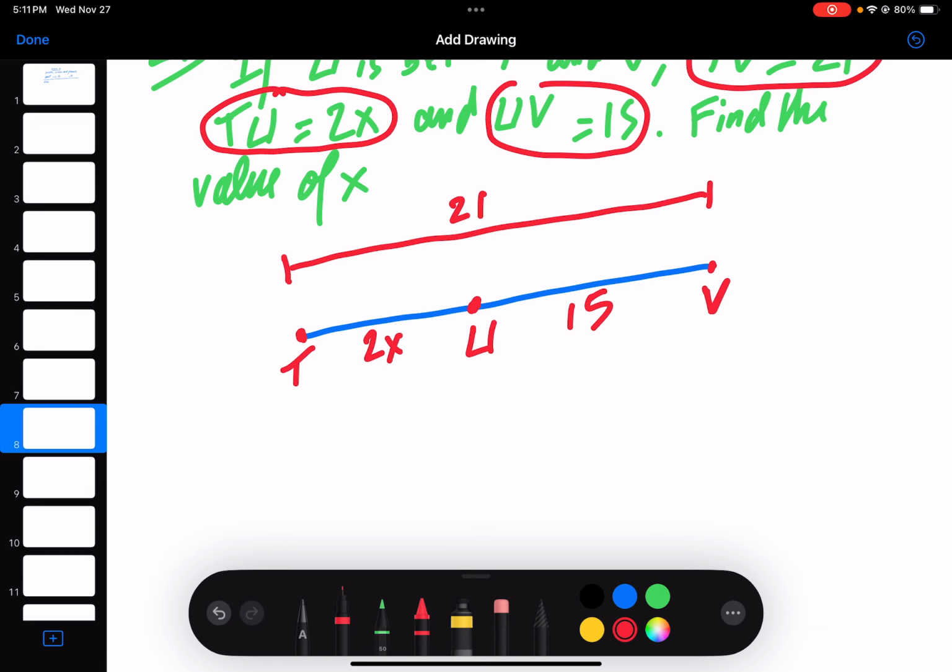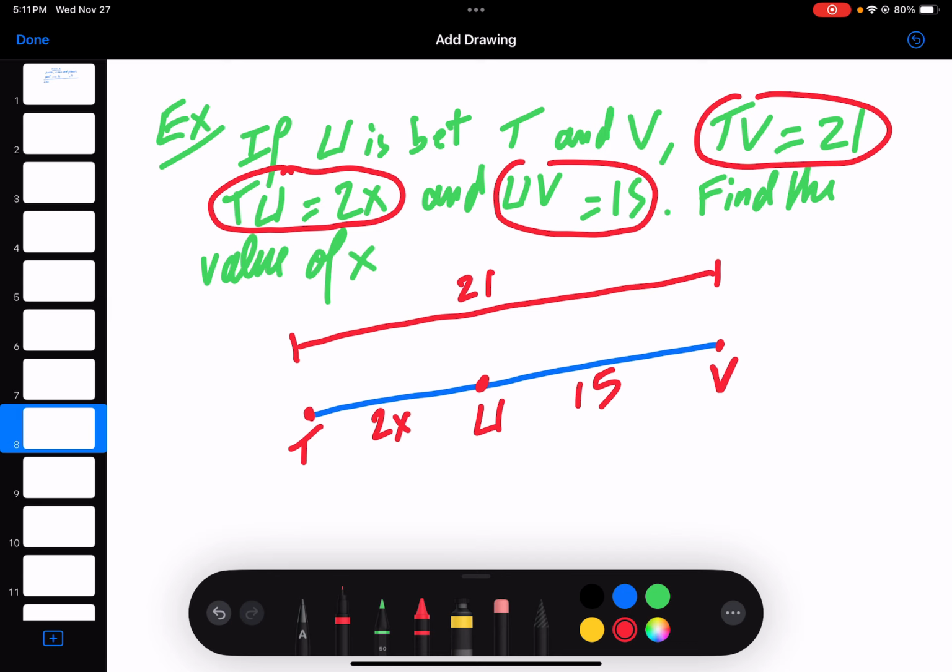And we're interested in the value of X, right? So we can do some algebra to figure it out. So we know that TU plus UV is equal to 21. So TU is 2x plus 15, that's UV, is equal to 21. All right, we can move the 15 to the other side.